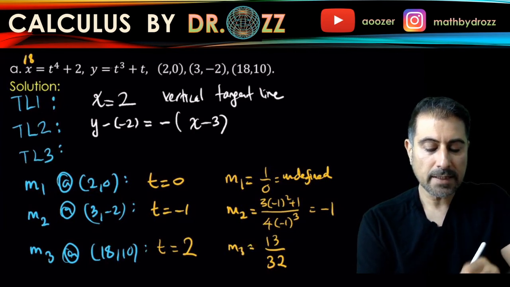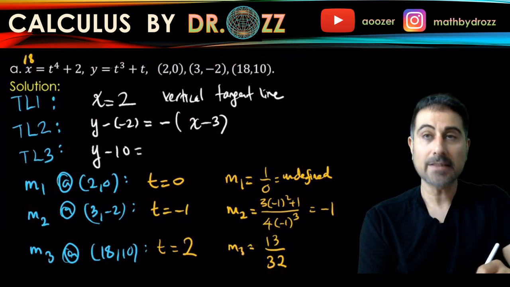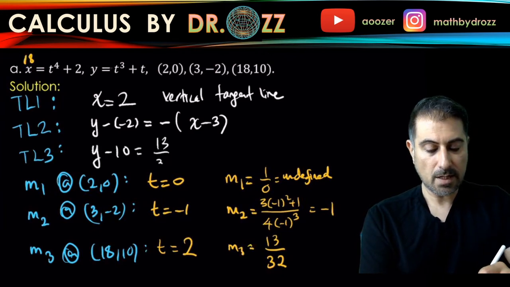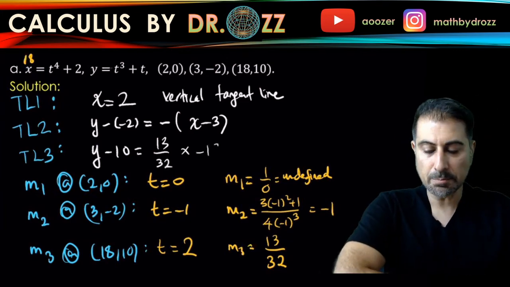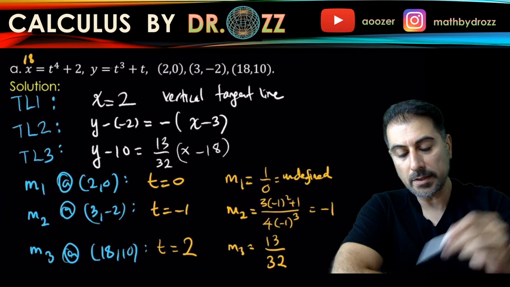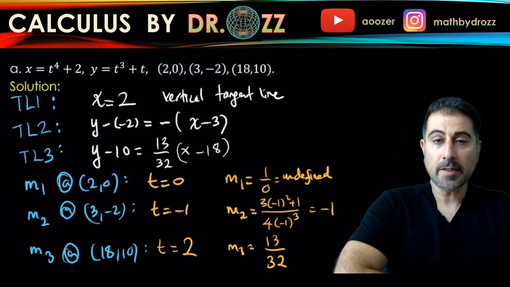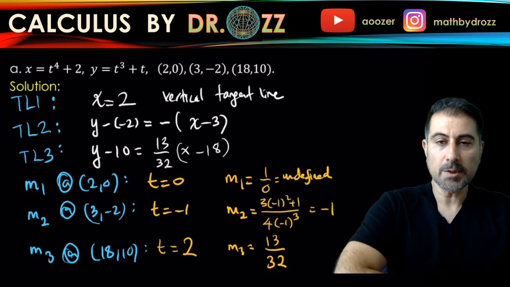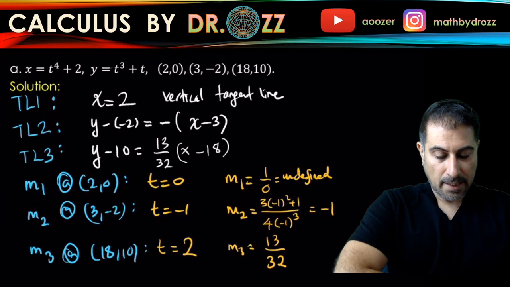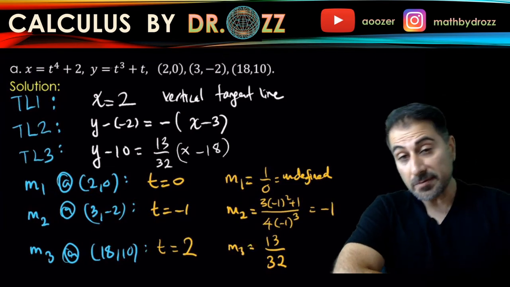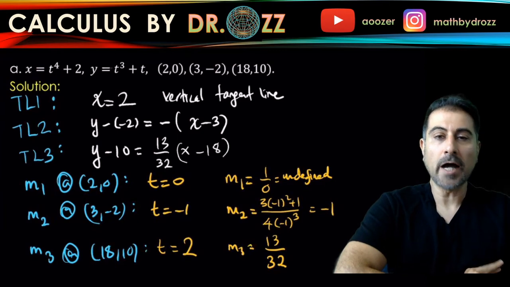So y minus 10 equals m3 times x minus 18. Okay? And go ahead and simplify those quantities. So in this way, by calculating dy over dx, using dy over dt and dx over dt, we were able to get 3 different slopes at 3 different points, and for that reason, we got 3 different tangent lines.